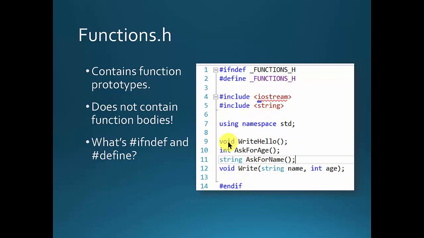We have includes that we may need because we're referencing iostream or string, and then we have using namespace std as well. And then our function prototypes, but you'll notice you have ifndef _FUNCTIONS_H, and that ifndef is terminated with another preprocessor directive, which is endif. And then inside of here, you have define _FUNCTIONS_H.